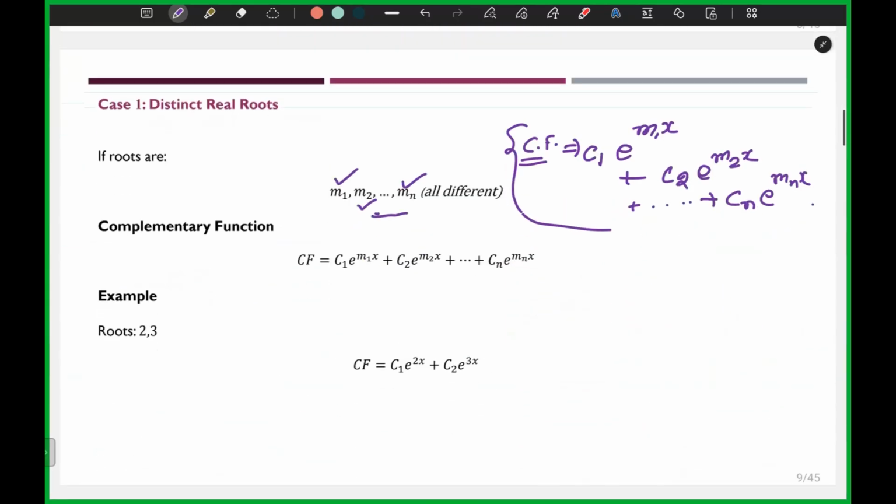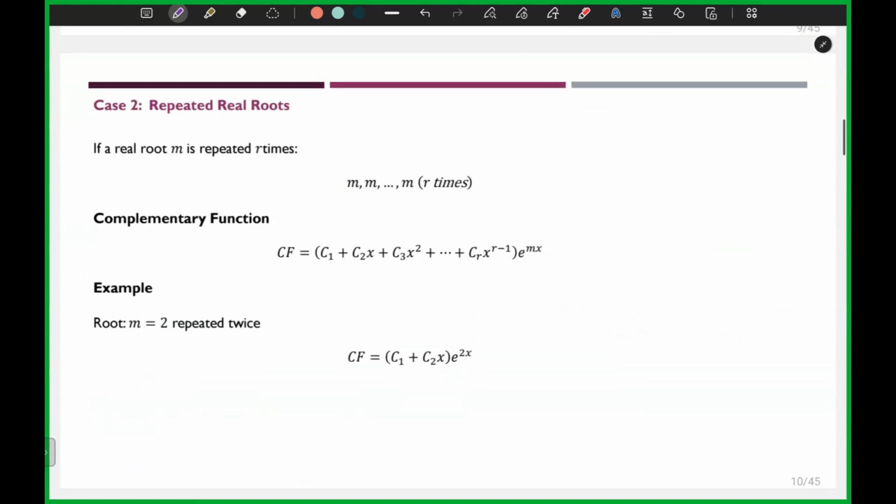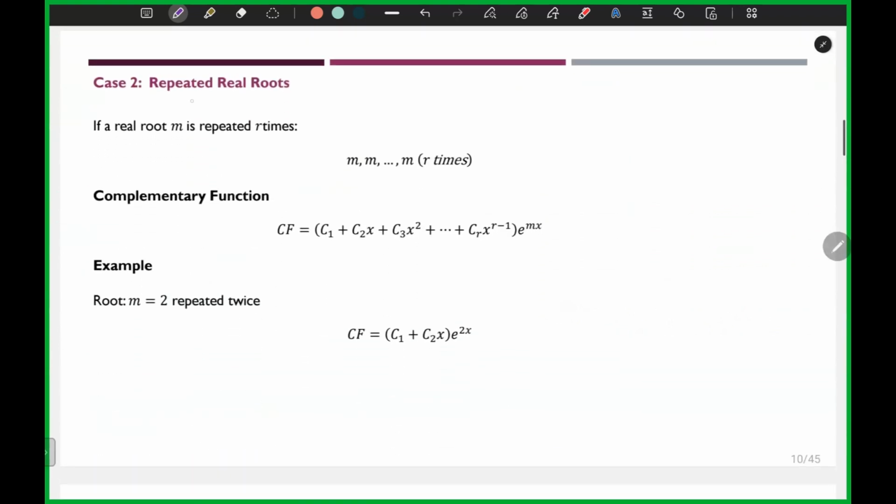So next, example I already covered. When roots are 2 and 3, we have to write like this. And when there are repeated real roots, what do we have to do? If m is repeating twice or let's say thrice, then our complementary function will become c1 e to the power mx.